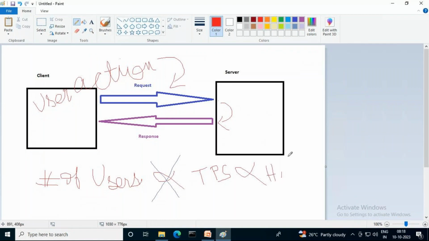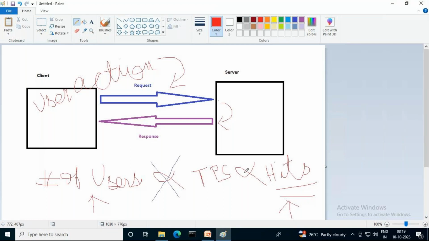Hits are nothing but the number of requests going to the server. Now, when your number of users increases, your hits are also going to increase or not, everyone? Number of users increasing, hits increasing. All of you understand that? So if your hits are increasing, your TPS should also increase.